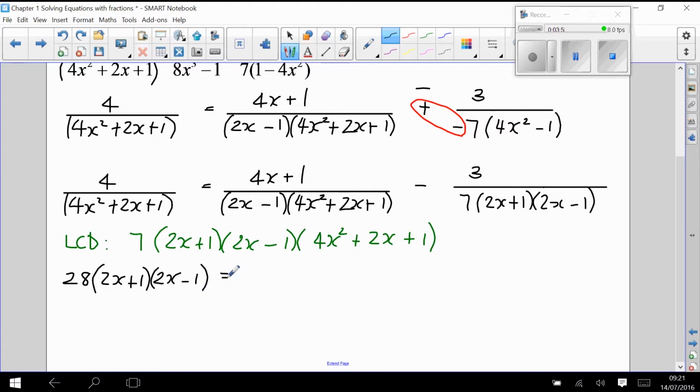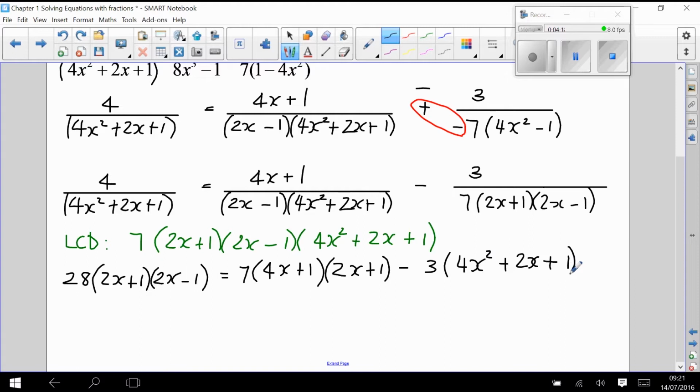On the right-hand side, my old numerator of 4x plus 1 must be multiplied first of all by 7 and then by the bracket factor of 2x plus 1. And lastly, 3 must be multiplied by the long trinomial bracket factor of 4x squared plus 2x plus 1.